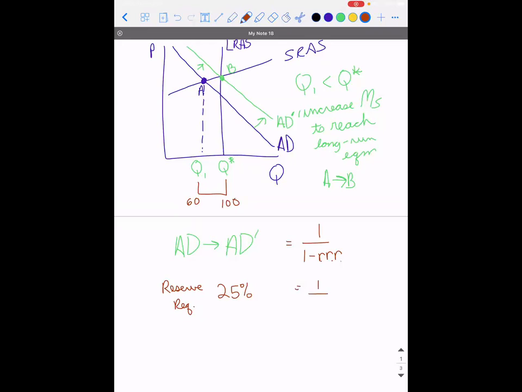Or in this case, 1 over 1 minus 0.25, which is 1 over 0.75, which is equal to 1.33.